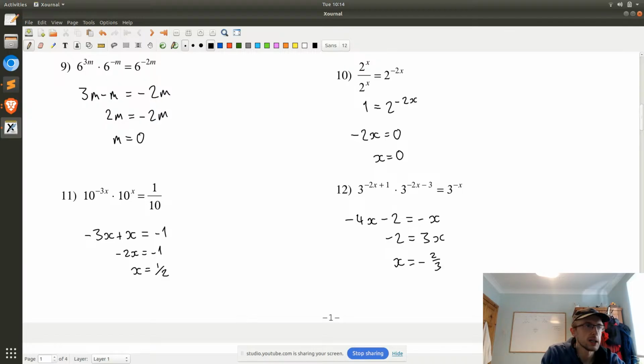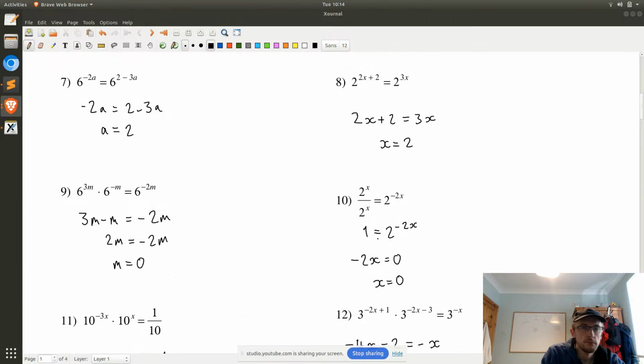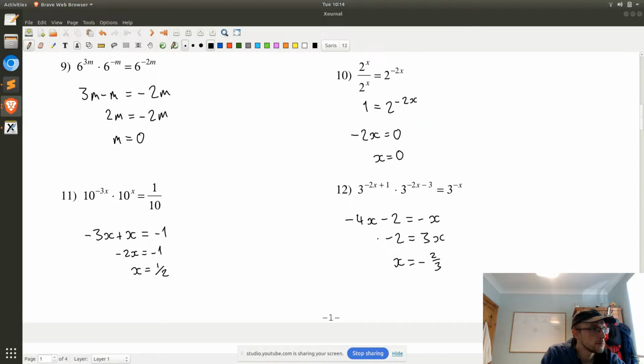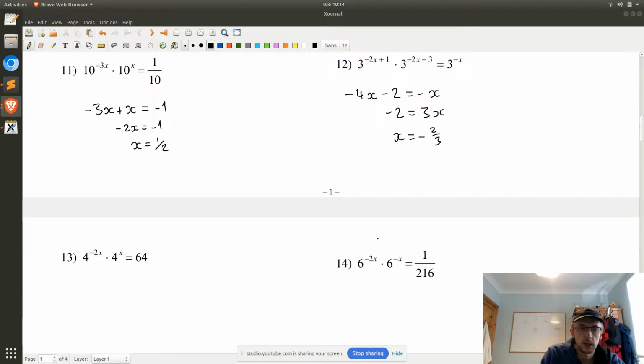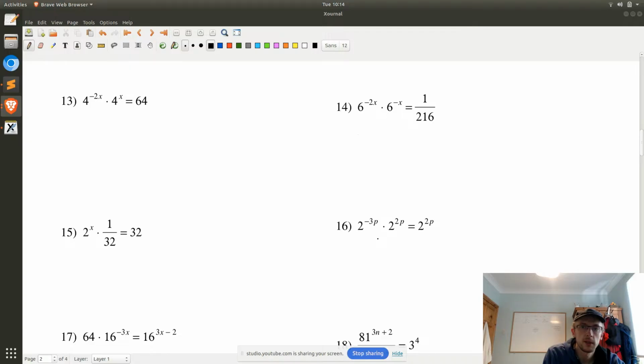And just to check these 6. Okay, good. Looking good so far.